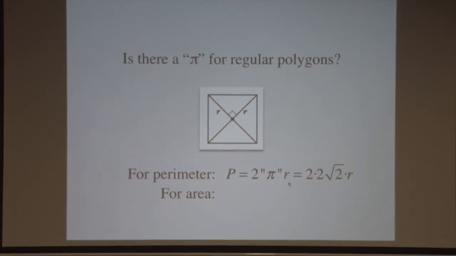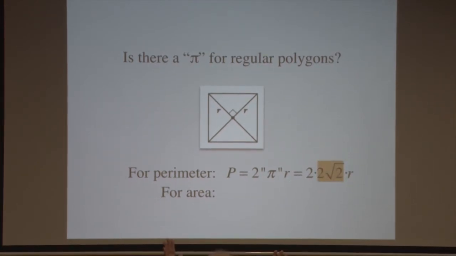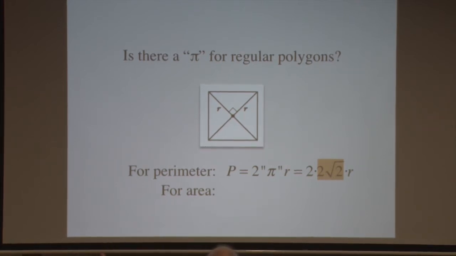So you can think of, if there was a pi for squares for perimeter, it would be 2 square roots of 2.